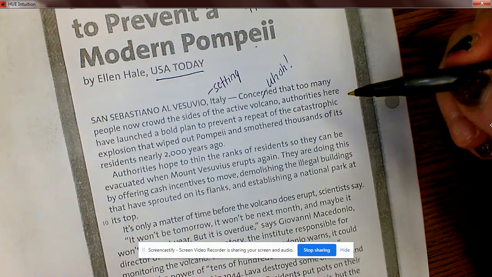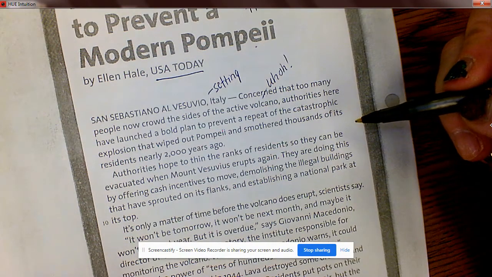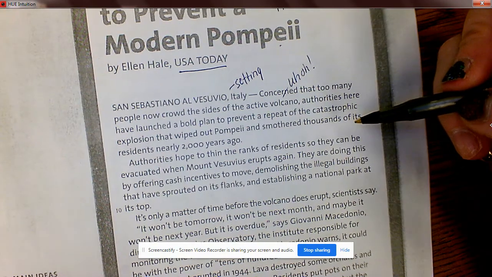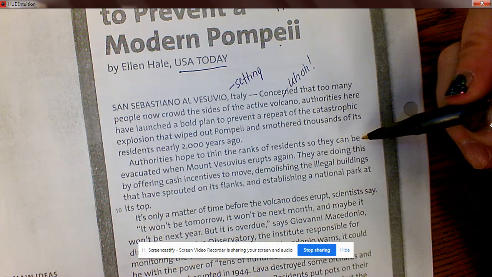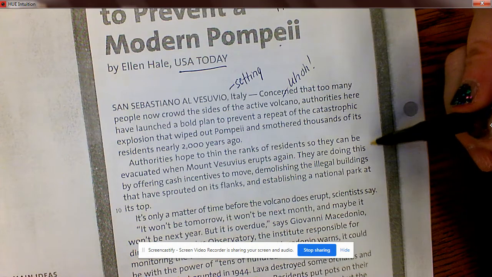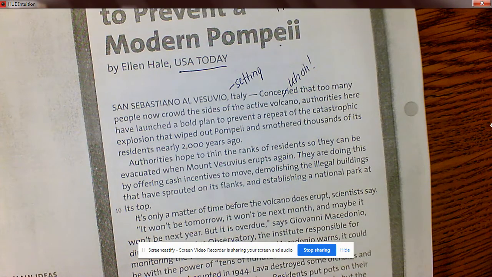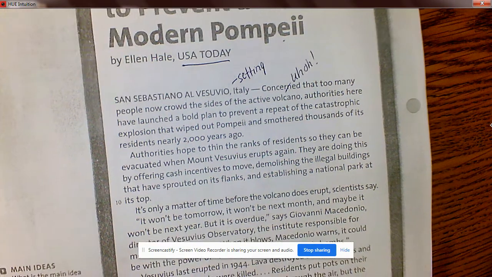Authorities hope to thin the ranks of residents so they can be evacuated when Mount Vesuvius erupts again. They are doing this by offering cash incentives to move, demolishing the illegal buildings that have sprouted on its flanks, and establishing a national park at its top.